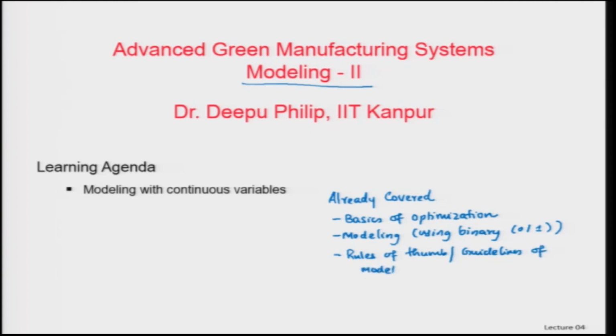and in that guideline I have told about keep it continuous, right? I mean, guideline 4 was about keep it continuous, and today what we are going to do is how do we model with continuous variables. Today's lecture is all about using continuous variables for modeling.